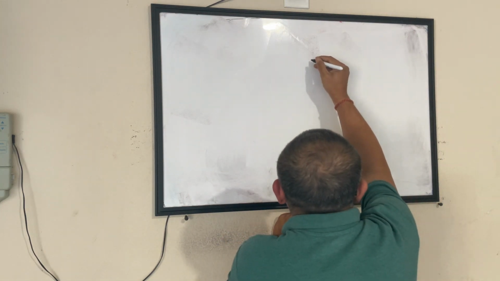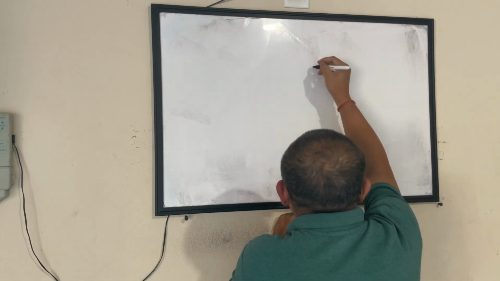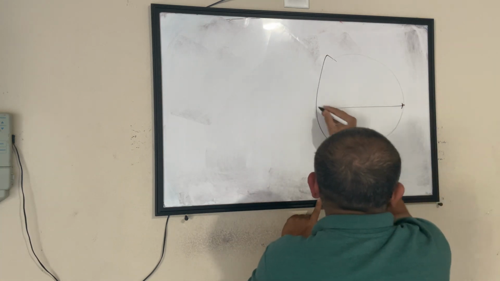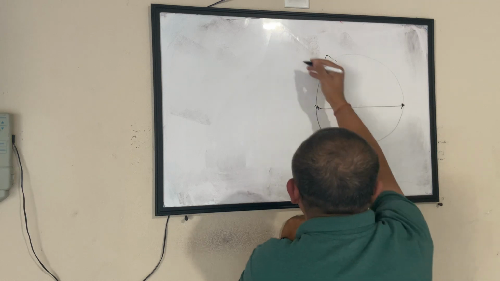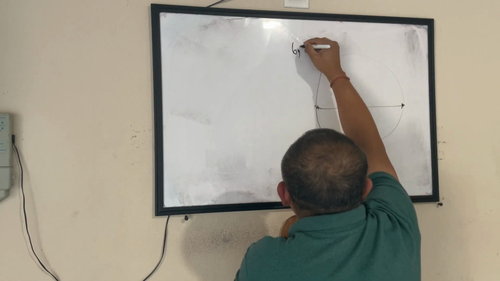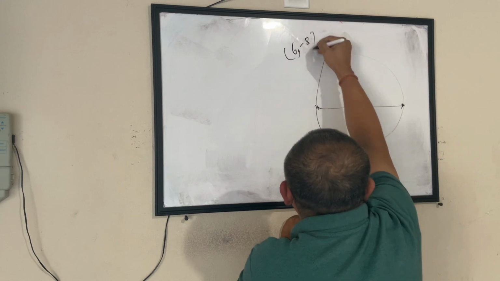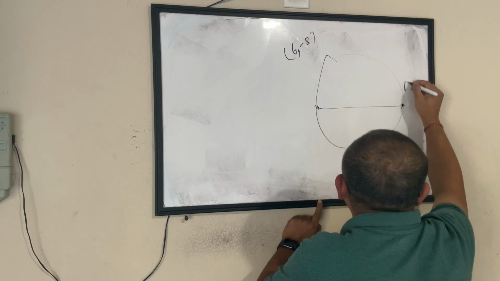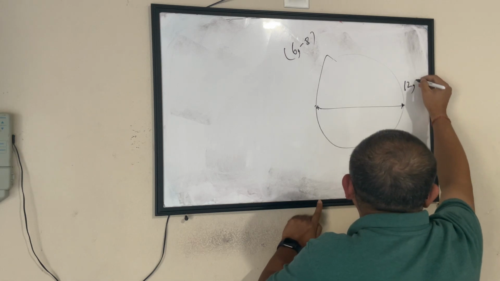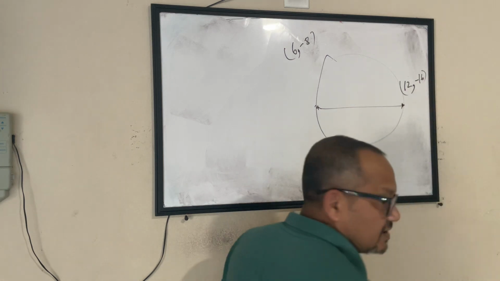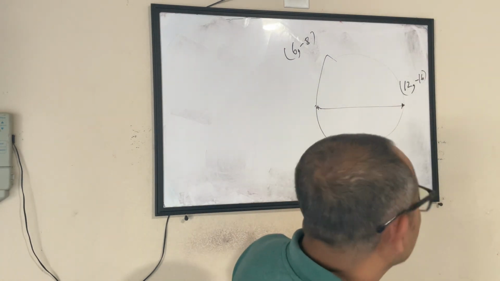This is a circle, and the two endpoints of the diameter are this one and this one. The coordinates are given to you, saying it's 6, minus 8, and let's say 12, minus 16. Okay? Find out the coordinates of the center.